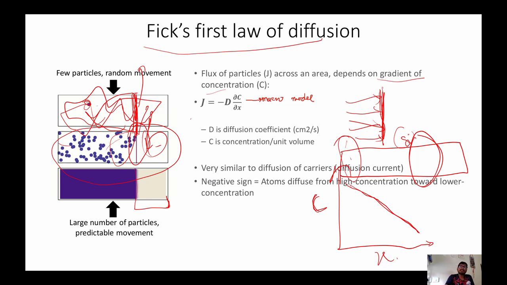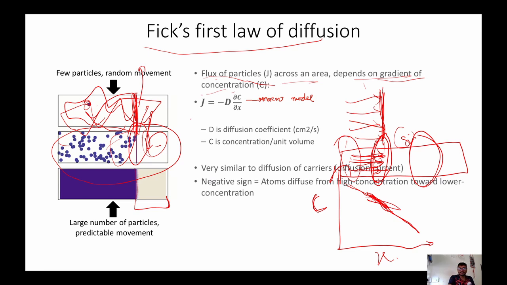So what will happen is these boron atoms will diffuse from higher concentration to lower concentration. The flux of particles crossing this area at this position depends on the gradient of the concentration, the slope of this curve at this position.